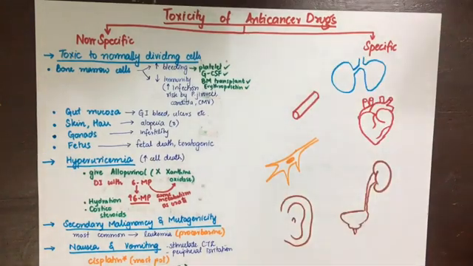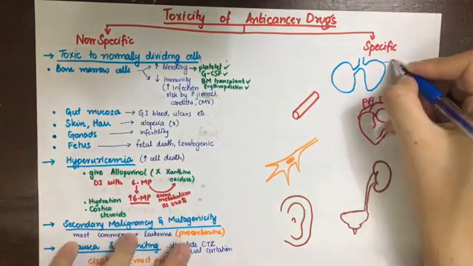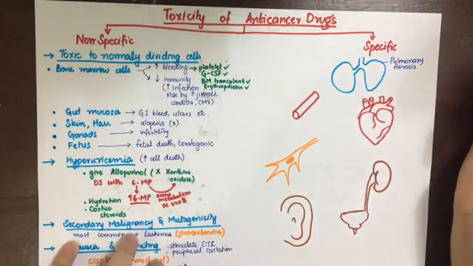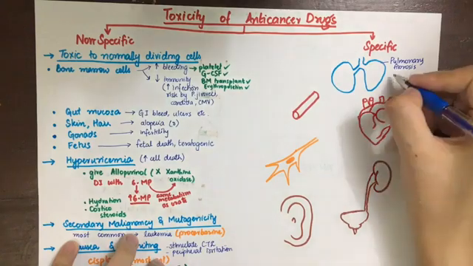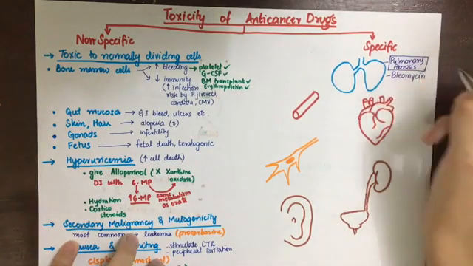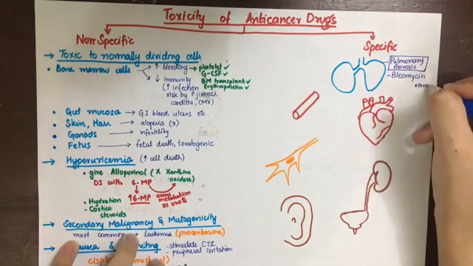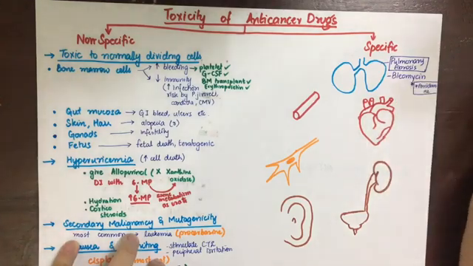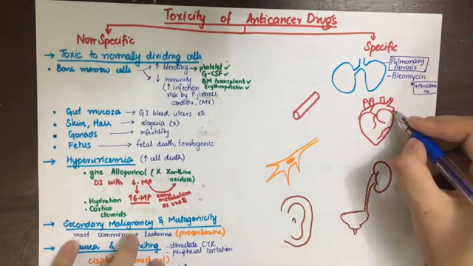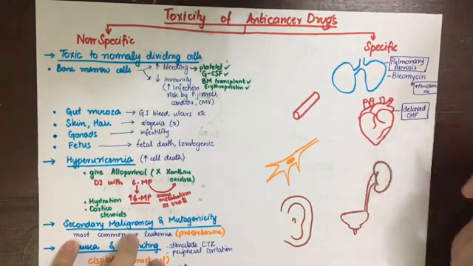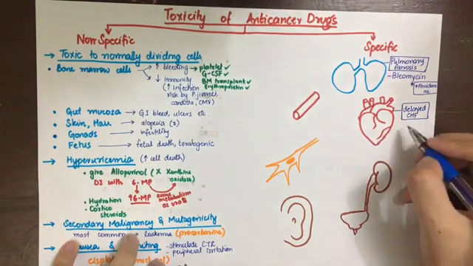Coming to the specific toxicities, pulmonary fibrosis and pneumonitis is associated with bleomycin. Now, here I need to mention another drug that causes pulmonary fibrosis is amiodarone, if you remember from antiarrhythmics. Second type of toxicity is cardiotoxicity, that is a delayed congestive heart failure.